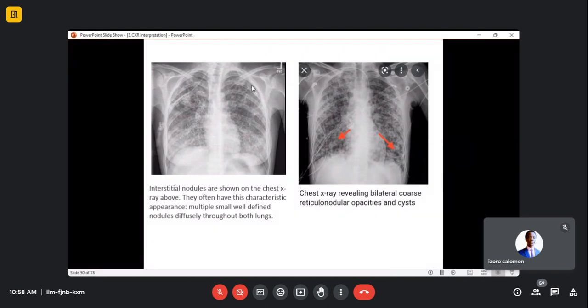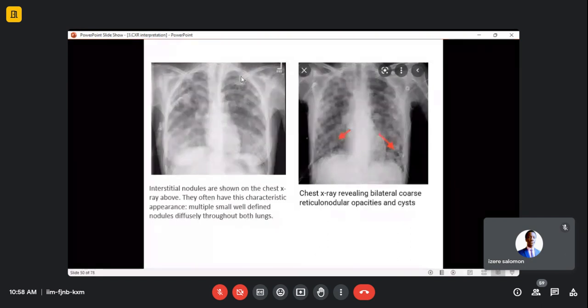I can't tell here that this is reticular nodular. This can even be caused by the confluence of multiple nodules, giving this kind of image, looking like alveolar opacity, looking like reticular, while there are multiple nodules confluent. Okay.